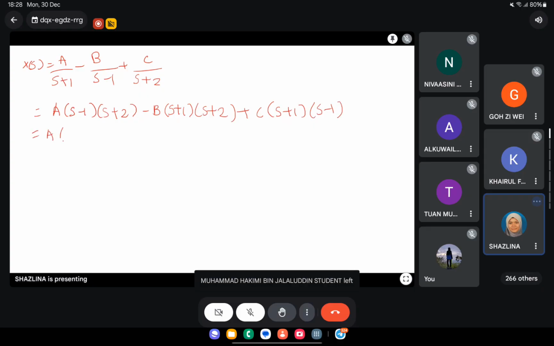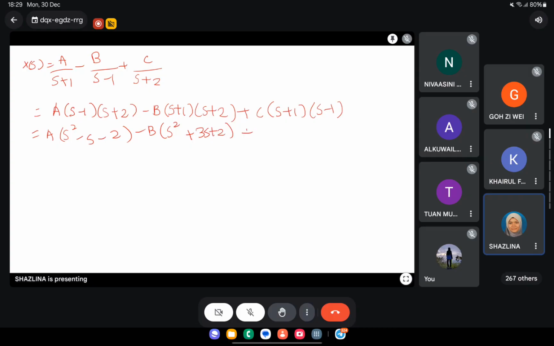So s squared, how much is this? Somebody do it with me please. s squared plus 2s minus s, is it minus s? Minus 2. Check. s squared plus 3s plus 2, s squared, what is this? s squared plus 1. s squared minus 1.